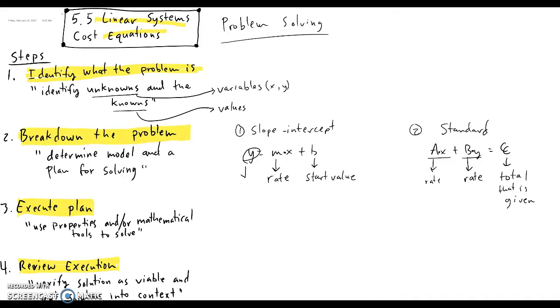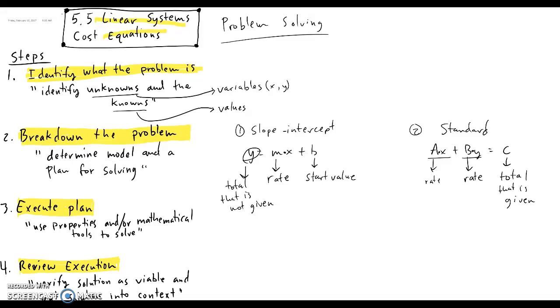Y also represents a total, but this is a total that is not given because it's a variable. So when you're not given a total, and you're asked to find the total, then you know you need to use slope-intercept form. When you're given a total, then you know that you should probably use standard form.